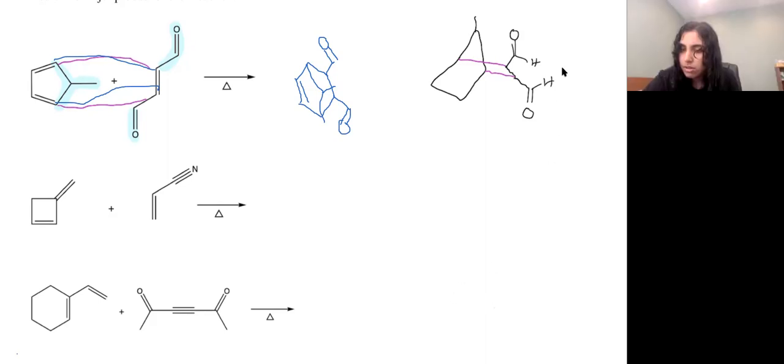You wouldn't rotate. Okay, yeah, Madison, go ahead. So you wouldn't rotate the single bond to make it cis. Do you mean this single bond in the final product?